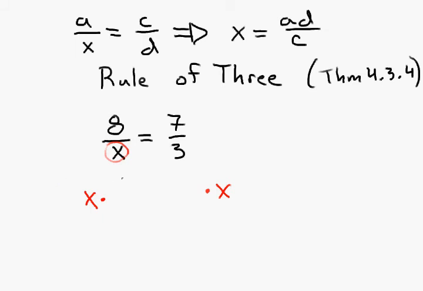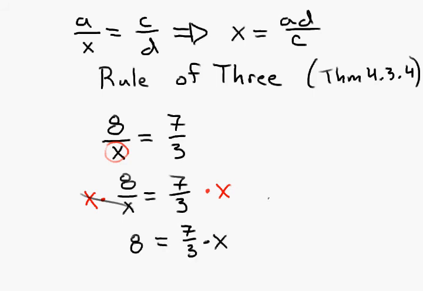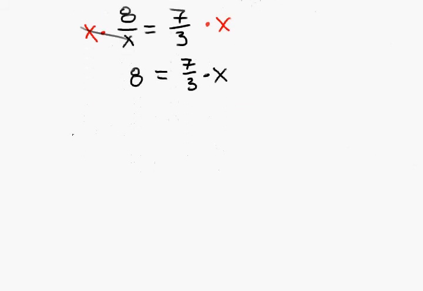Alright. We'll fill in the rest of the problem about this. These cancel out. Our left-hand side becomes 8. And we'll just leave the right-hand side as is and multiply by the reciprocal. So we'll multiply by 3/7 on both sides.